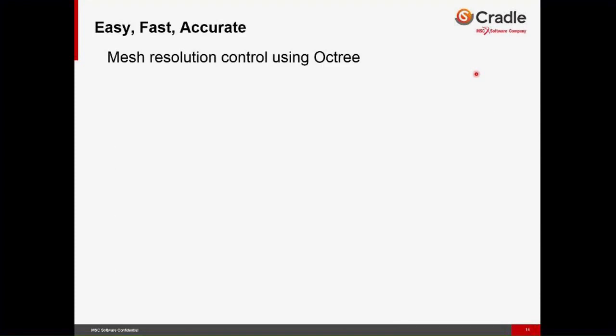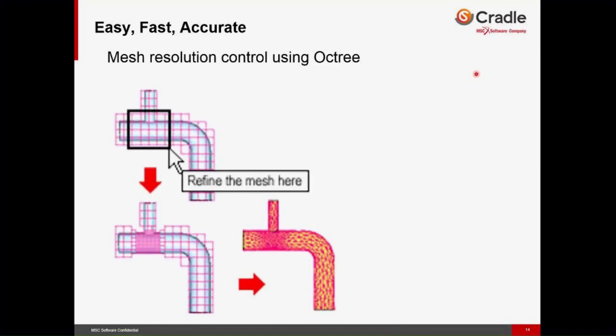I'd like to move on to mesh resolution control using Octree. This ties to ease of use, speed, and also accuracy of the simulation. Using an Octree system is somewhat unique to SCTetra. Octree is shown in pink cuboids.